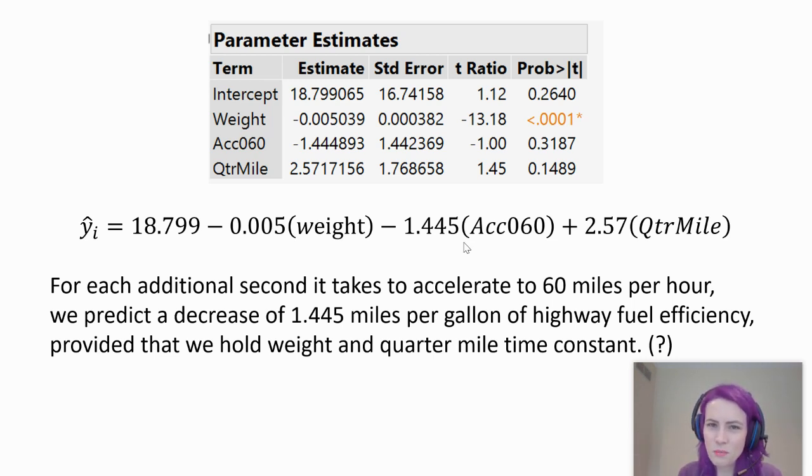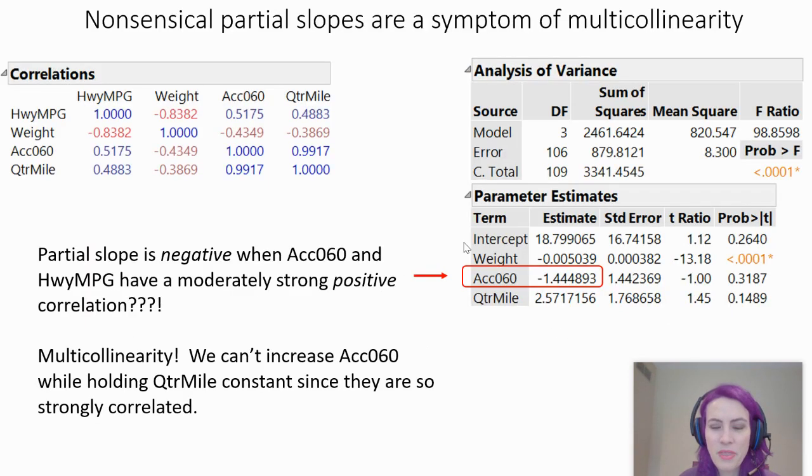So if you get a partial slope like that that just doesn't make sense, that's a classic symptom of multicollinearity. Everything we know about multiple regression so far says that should have been a positive partial slope. So what's going on here, and think about our interpretation on the last slide, is we said that we wanted to increase the acceleration time by 1 second and hold the other things constant.